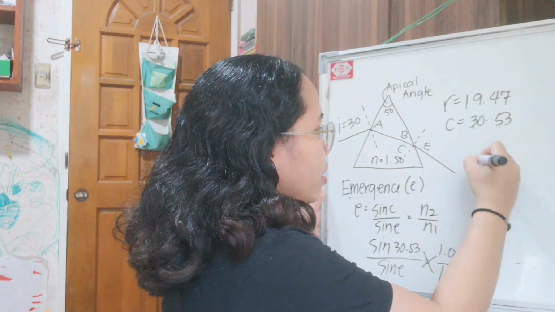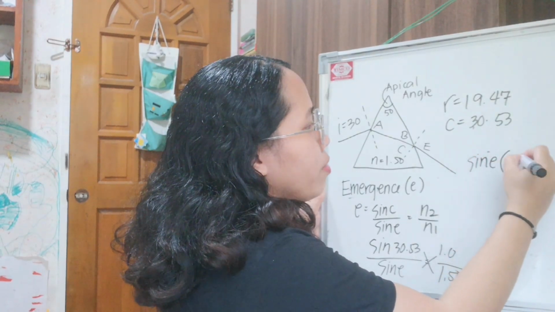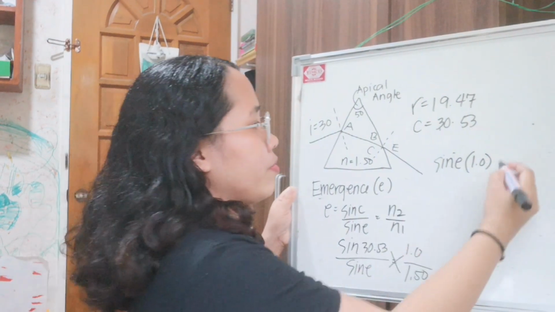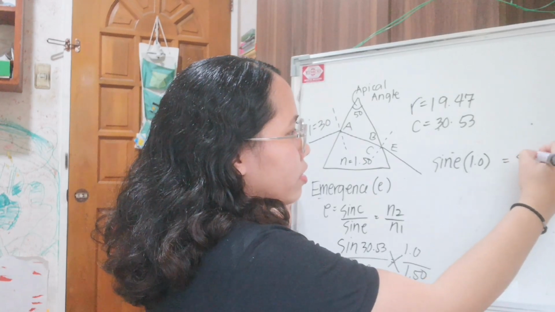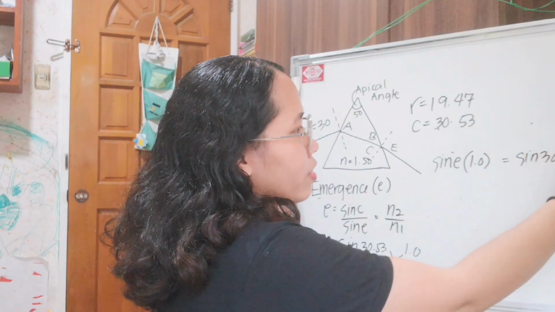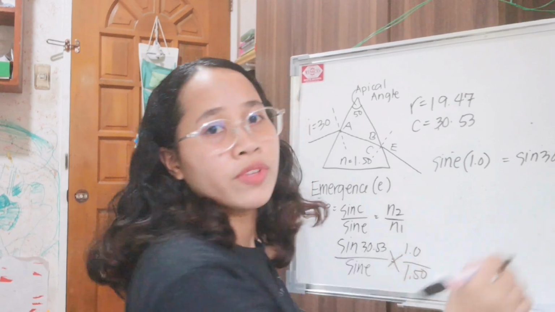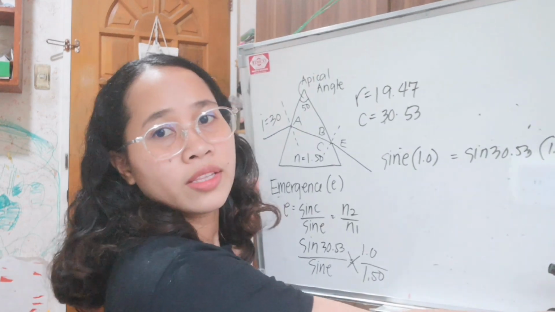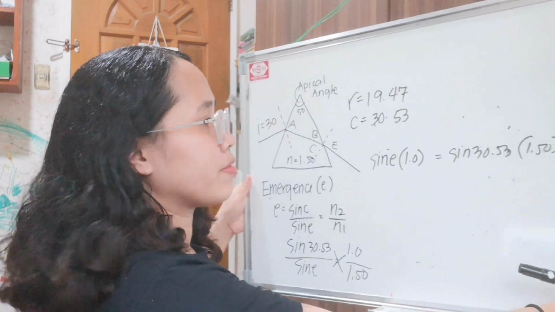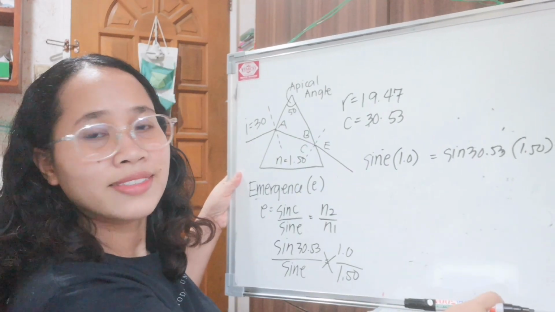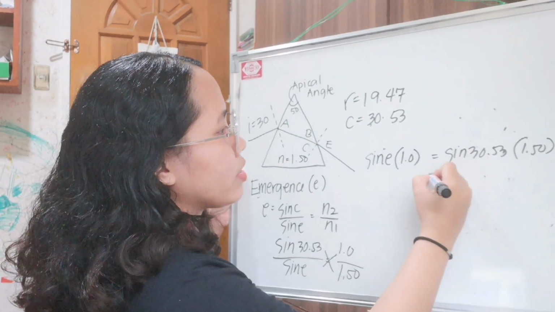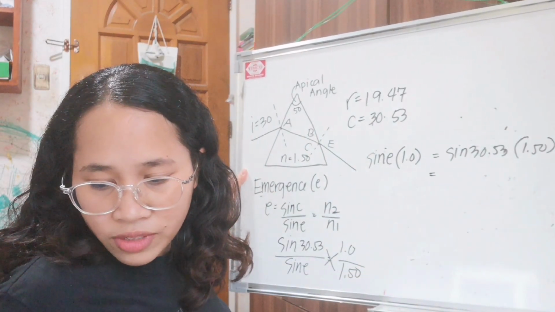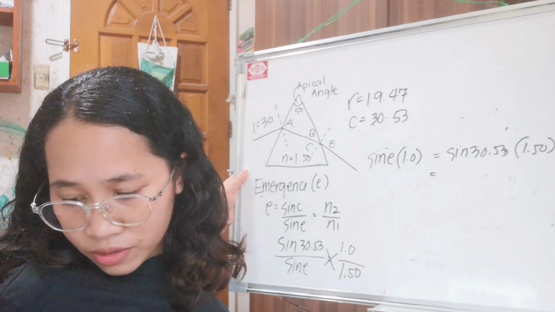So sine E times 1.0. Okay, so cross multiply, and then sine 30.53 times 1.50. Okay, sorry. I hope you can see it. So the sine of 30.53 is 0.507989441.